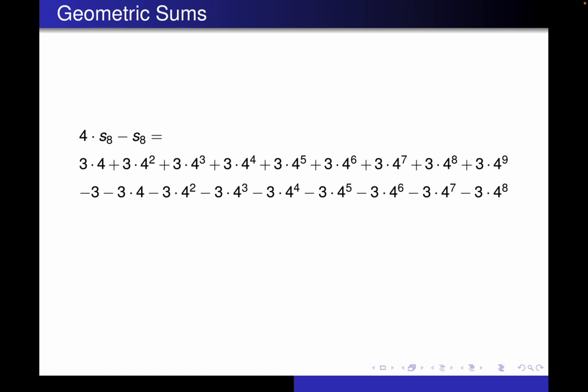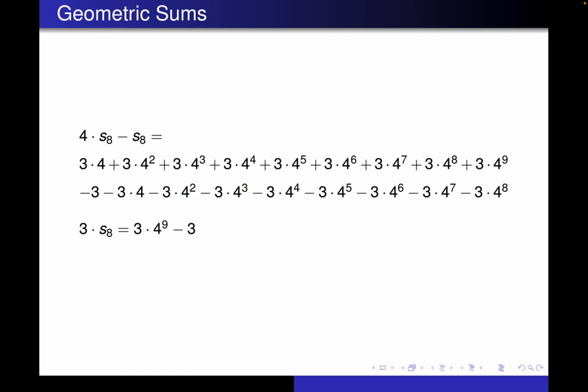Almost all the terms are the same, except they're negative. So you have a 3 times 4 on top, a negative 3 times 4 on the bottom, 3 times 4 squared on top, negative 3 times 4 squared on the bottom. So a lot of the terms on the top are going to get canceled by the ones on the bottom. 4 S8 minus S8 gives me 3 times S8.